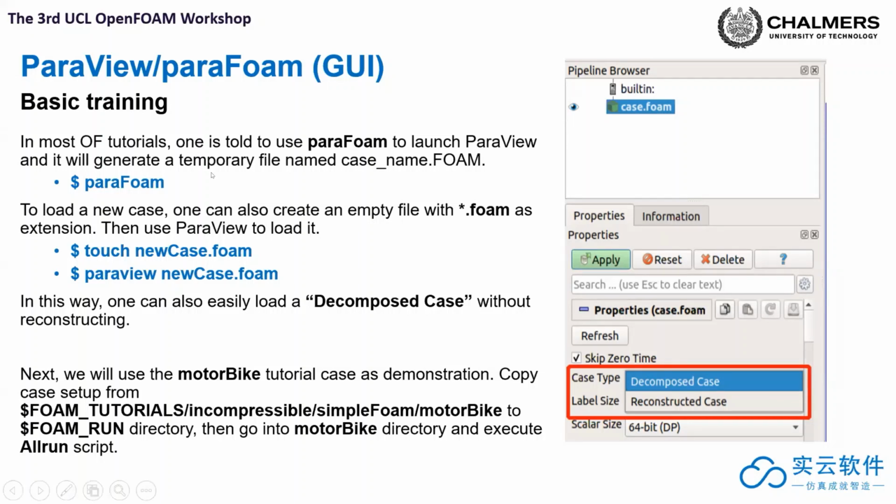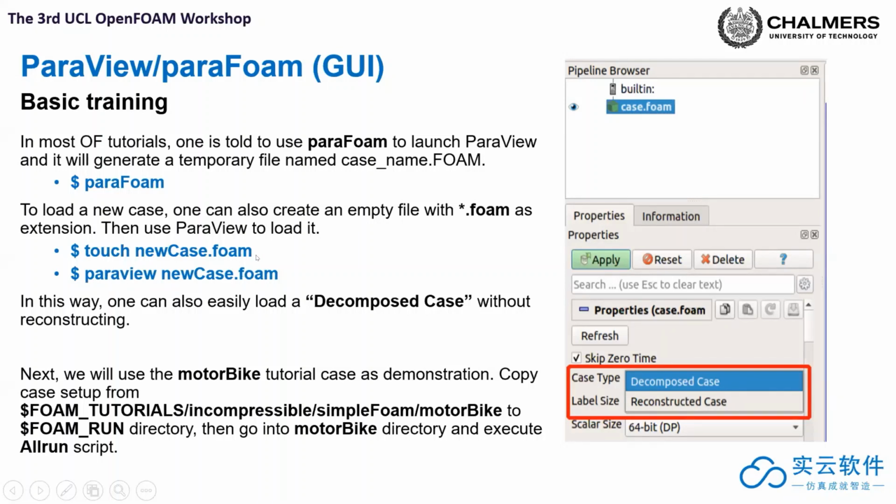The reason is that when you use paraFoam, it will generate a temporary file named case name.foam. But if we want to skip this, we can just touch an empty file called newcase.foam, or whatever name you like, and then directly use ParaView to read it.